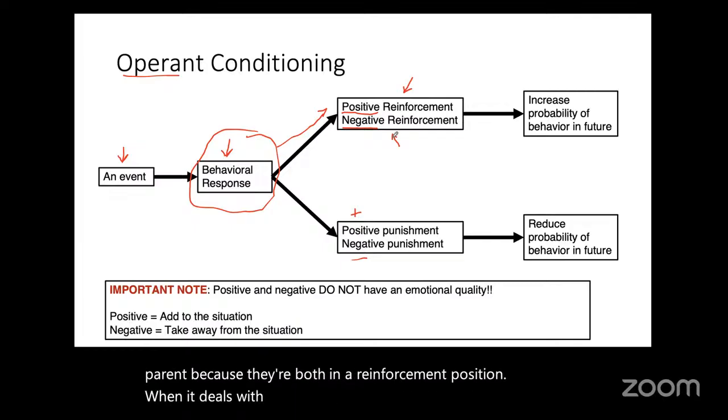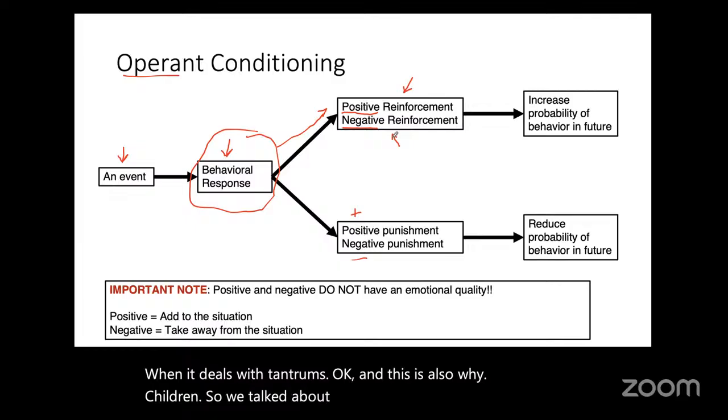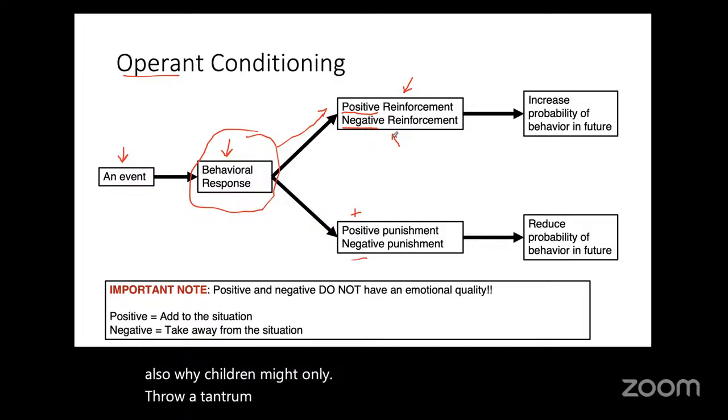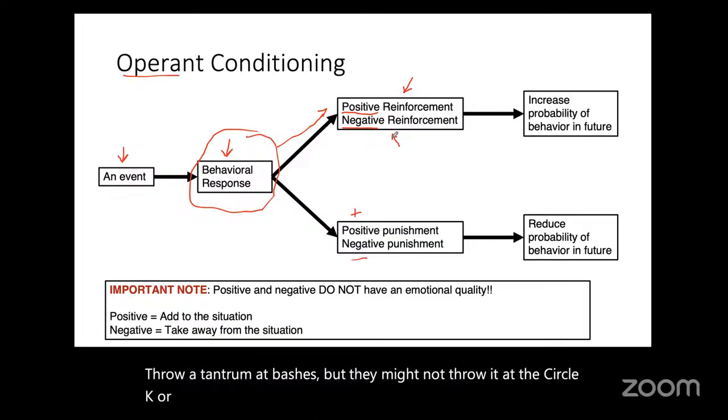Okay, and this is also why children... we talked about generalization in place, right? This is also why children might only throw a tantrum at Bashas', but they might not throw it at the Circle K or the Walmart or whatever. The tantrums tend to be place specific.